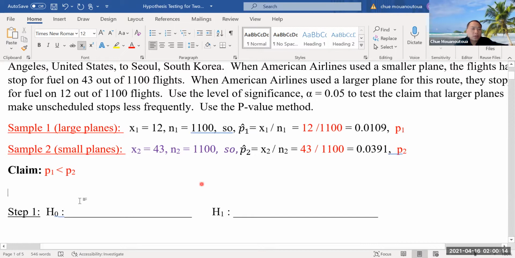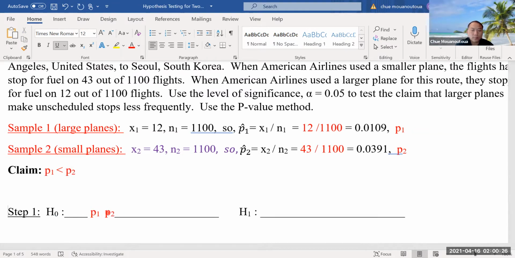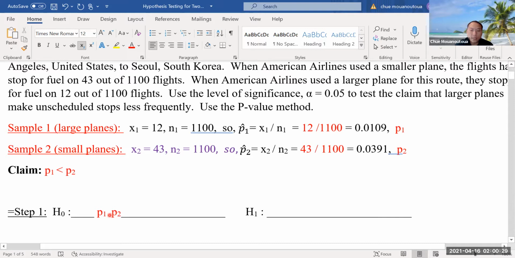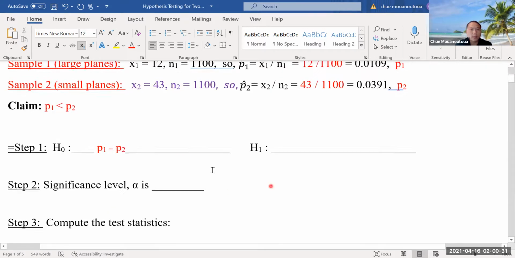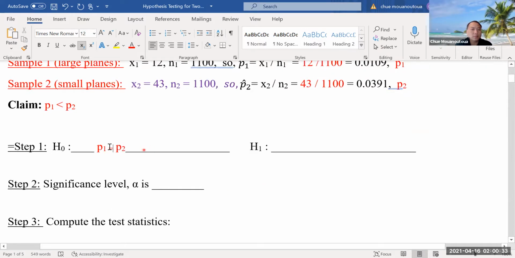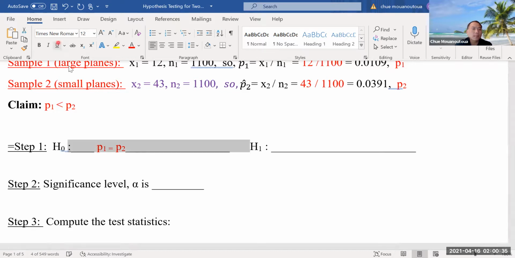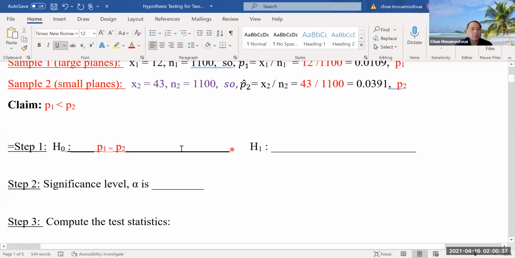Now, as before, H0 always says equal. So I'm going to say p1 is the same as p2, and that goes to H0.